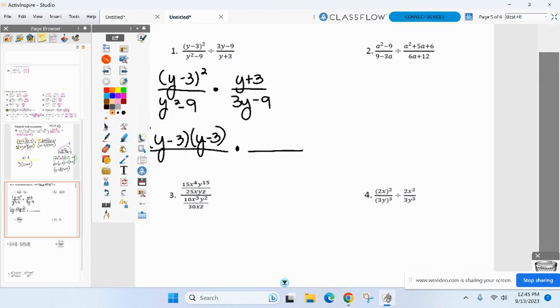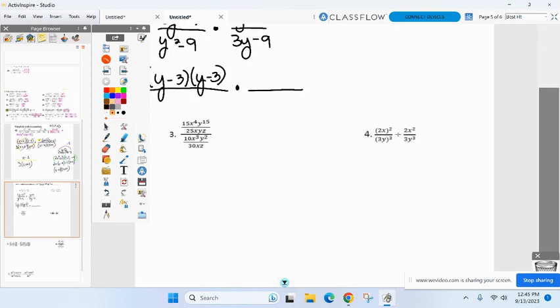Go down to number 3 for me. Anybody see the traditional division sign? Because I don't. But how do I know this is a division problem? That's another symbol for what? Divide. Right? So if you don't like that, we can say the top divided by the bottom. That's what I'm doing.